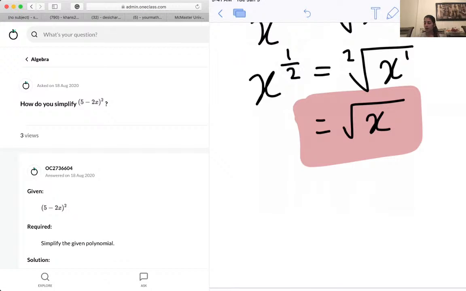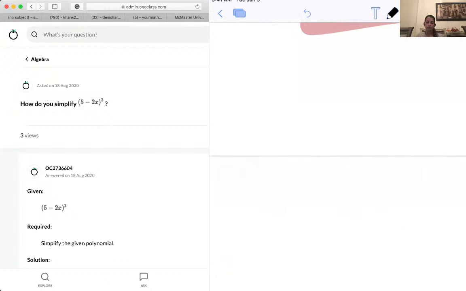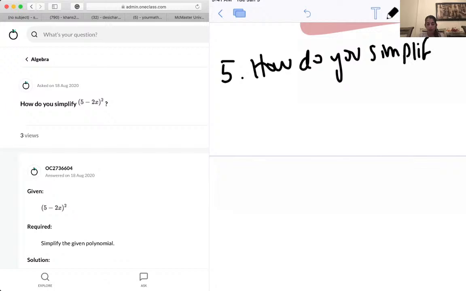How do you simplify 5 minus 2x squared? So question 5, I believe, is how do you simplify 5 minus 2x squared?